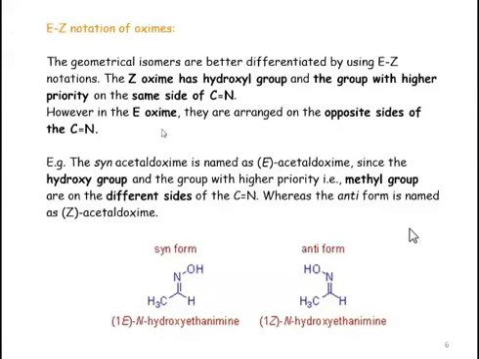The syn acetaldoxime is named as E-acetaldoxime.